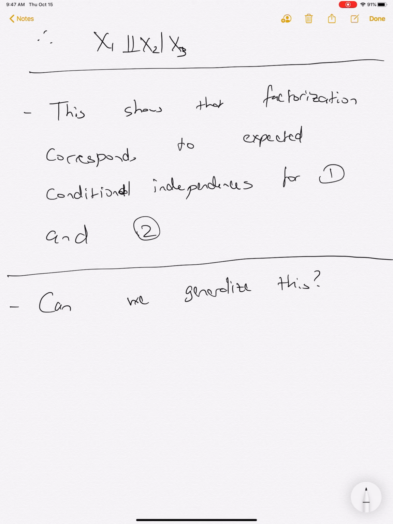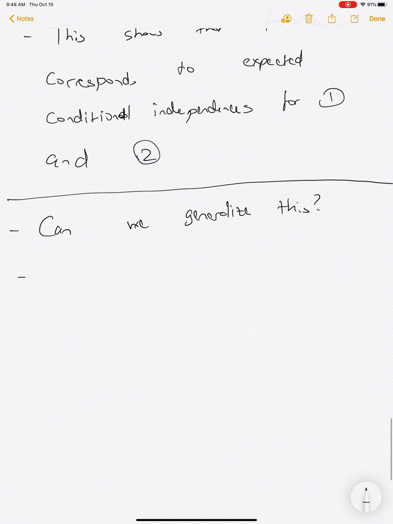And we actually can, and this is a pretty useful and cool result.